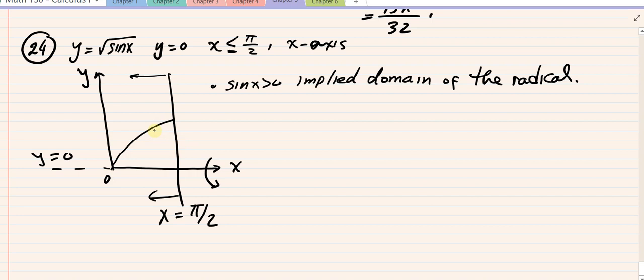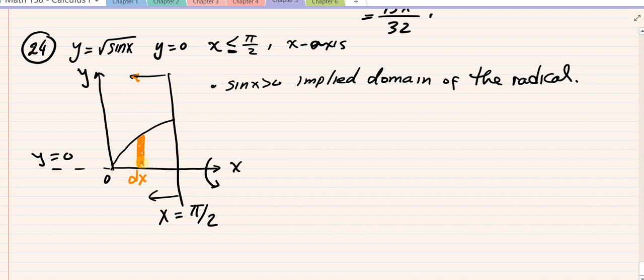True? Now the rotation is about the x-axis, so that means the disks will have width dx, right? They have to be consistent with the axis of rotation. With x you go dx, about the y-axis you use dy. And there we go.